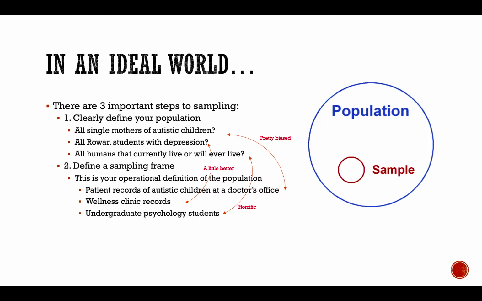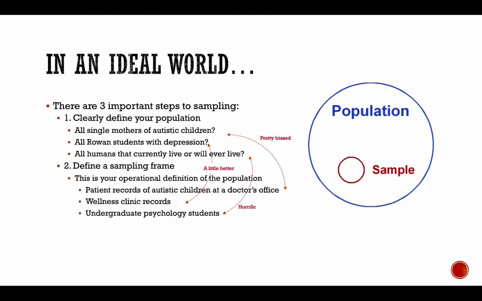If we wanted to look at all single mothers with autistic children, and then we look at patient records of autistic children at a doctor's office, that's a little biased, because not all autistic children go to that particular doctor, and not all autistic children go to a doctor at all. Then we do a little better with all Rowan students with depression, going to the wellness clinic records and identifying those who have been flagged with depression.